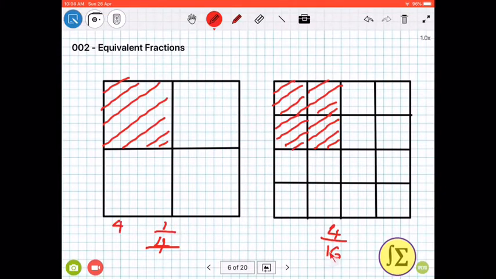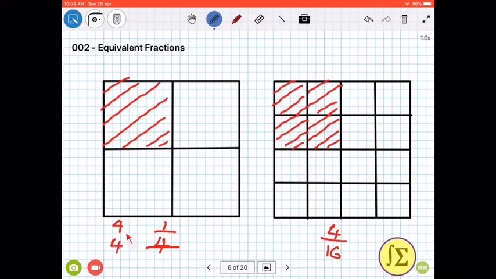And you take the larger denominator, divide by the smaller denominator, 16 divided by 4, you'll get 4 also. So you can see that the numbers are the same. So when this happens, that means they are equal. 1 over 4 is equal to 4 over 16.